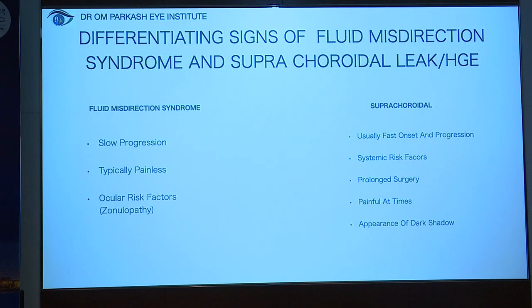There may or may not be some ocular risk factors, because there may be occult zonulopathy or some laxity in the zonules. If it is a suprachoroidal one, it is usually fast in onset and progressive. Systemic risk factors are usually there: hypertensive patient, old patient, prolonged surgery. Painful at times. The patient says that he's having pain, and there is appearance of a dark shadow.